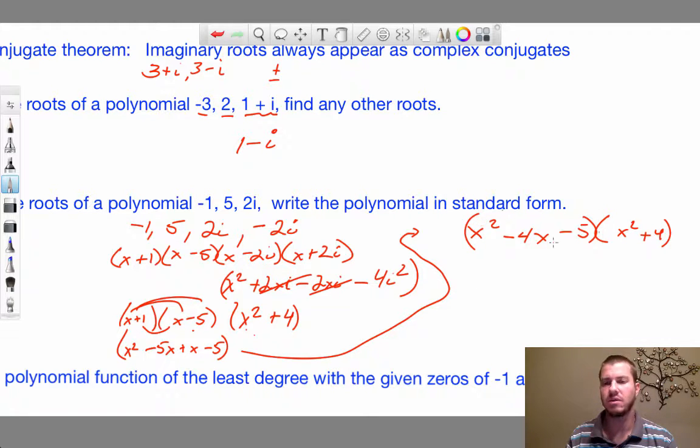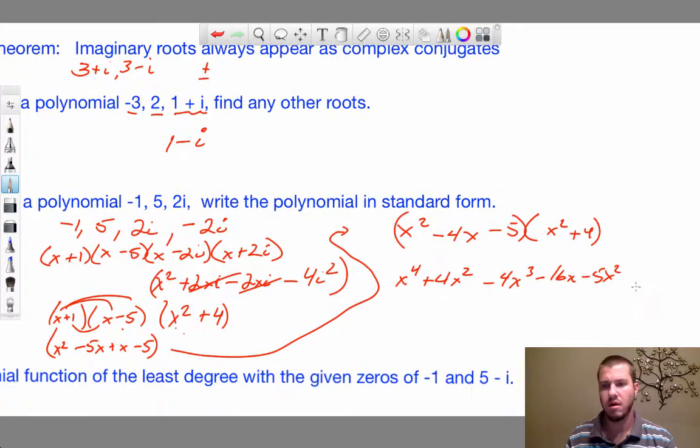So this is x squared times x squared is x to the 4th plus 4x squared. Negative 4x times x squared becomes negative 4x to the 3rd. Negative 4x times 4 is negative 16x. Negative 5x squared, and minus 20.